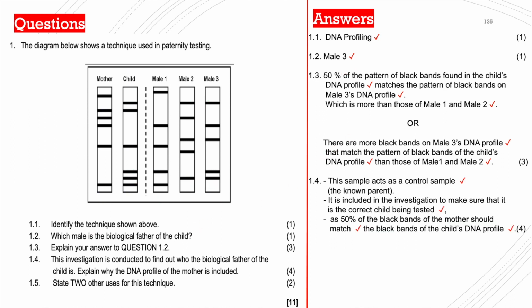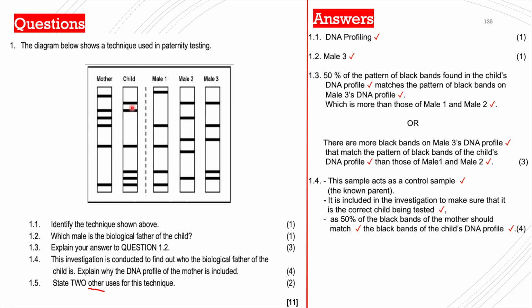For the last question, the question says, state 2 other uses for this technique. So the focus is here, other uses for this technique. Now, when you give a response to this question, you will not say to identify relatives. Why?